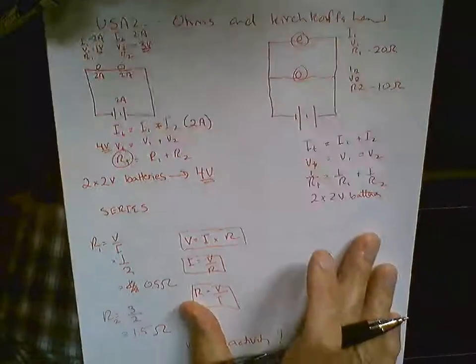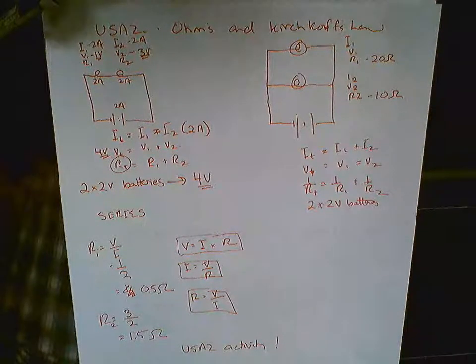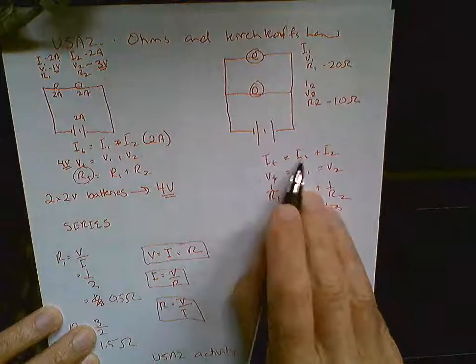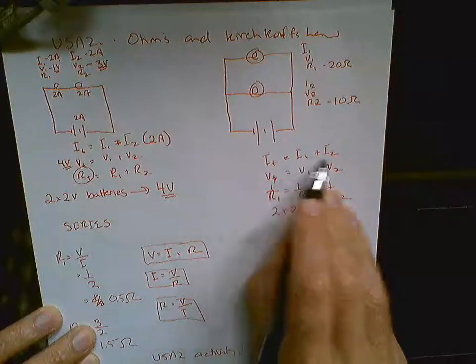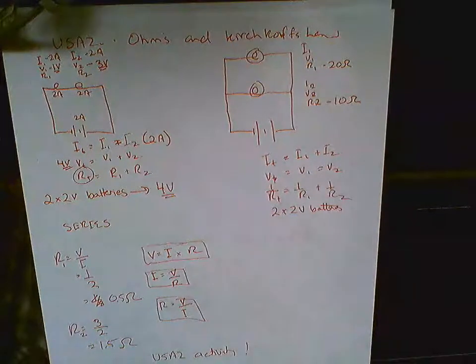What you're going to notice is the rules are going to change as we go through here. So when we go from series to parallel, we get a new set of rules. When we do amperage in parallel circuits, the amperage total is equal to I1 plus I2. Folks, I want you to remember the content will develop how these rules came about.